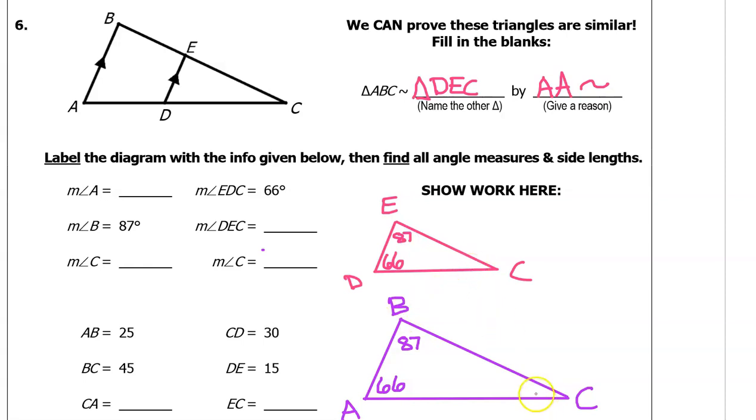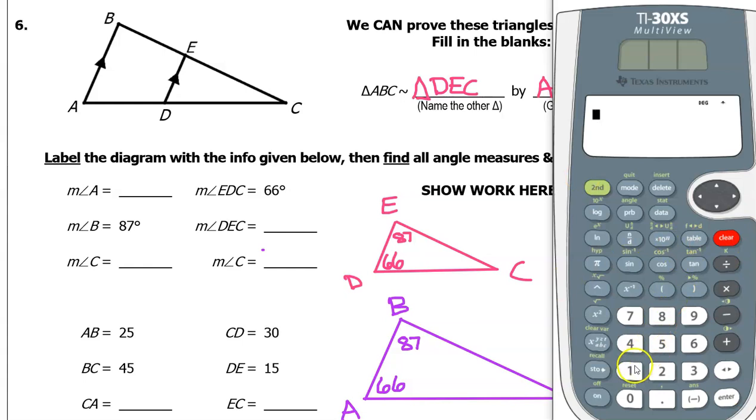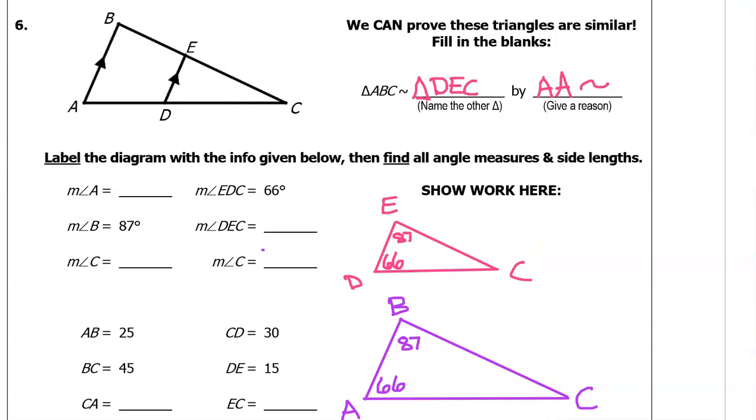So we can find the missing angle C by subtracting from 180. So 180 minus 87 minus 66, that's 27. Okay, so that's 27 and 27.